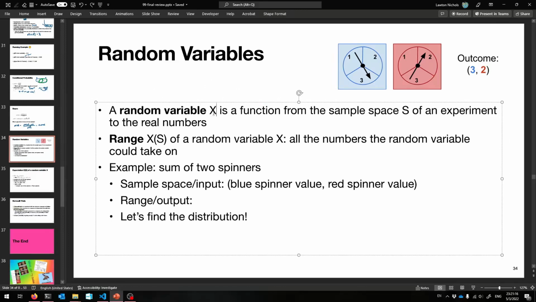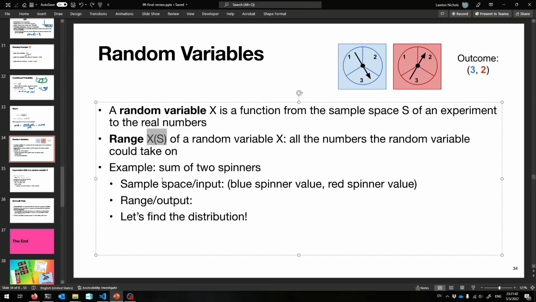So a random variable, it's usually capital X for example, is a function from your sample space to the real numbers. So for every outcome of your experiment, you assign a number, and the random variable takes on all those values. You can ask for the range. What are all the possible values that your random variable takes on? That has this kind of notation, X of S, where S is like the entire sample space.